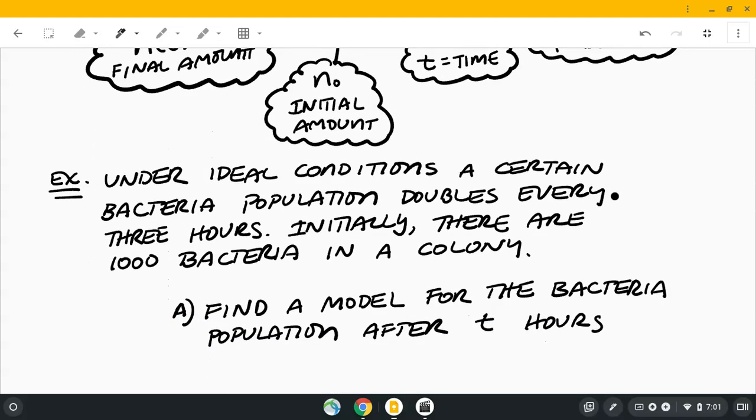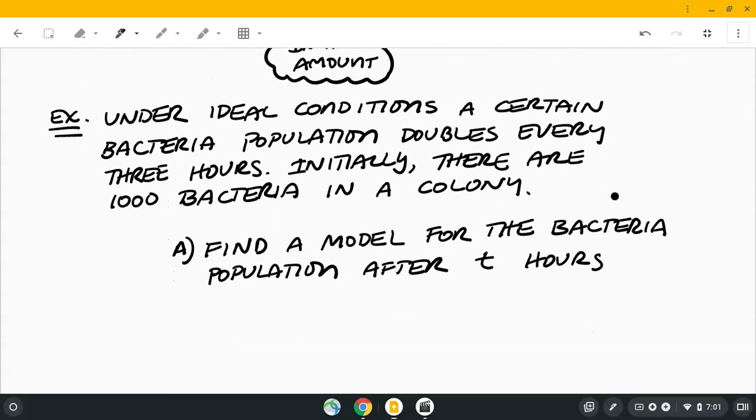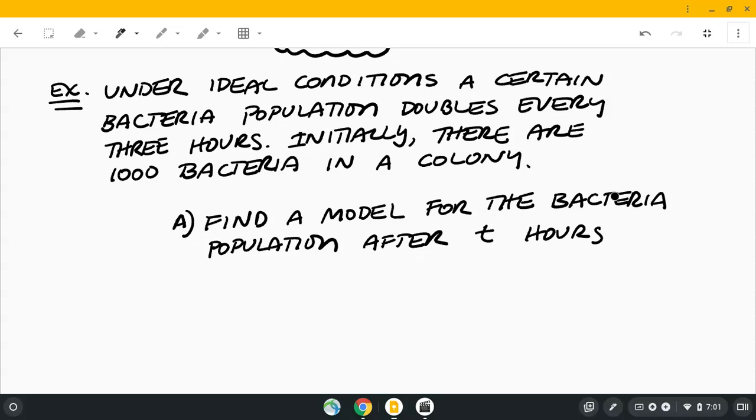And I believe in this situation, we do have those two things. The initial amount is 1,000, and every 3 hours it doubles. So this is what we know, and I'll even highlight it right here: doubles every 3 hours.